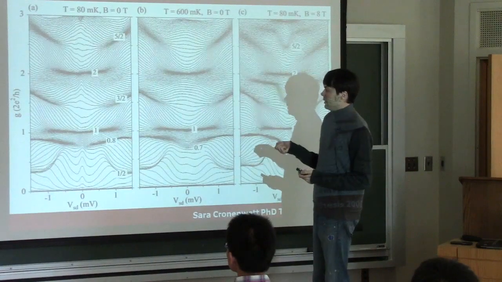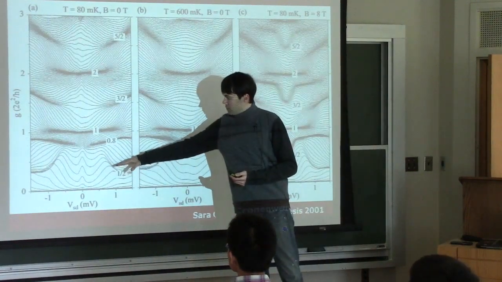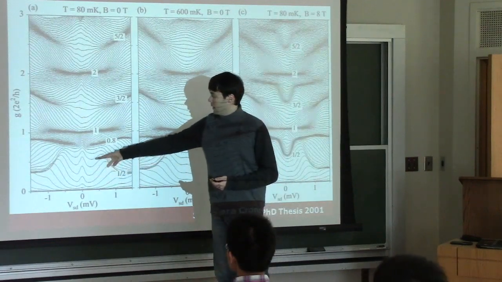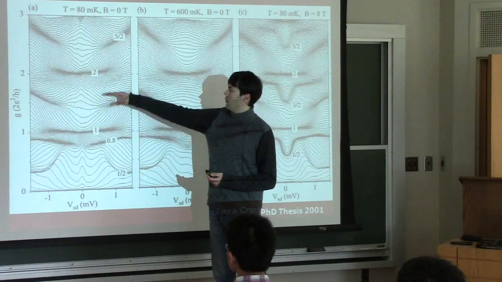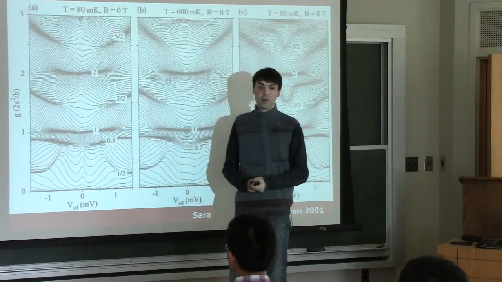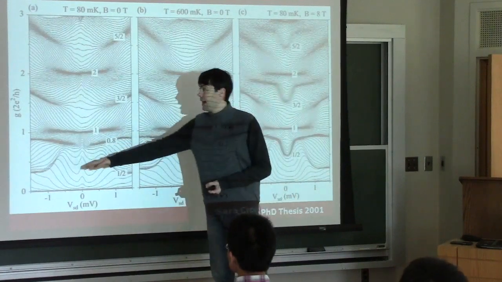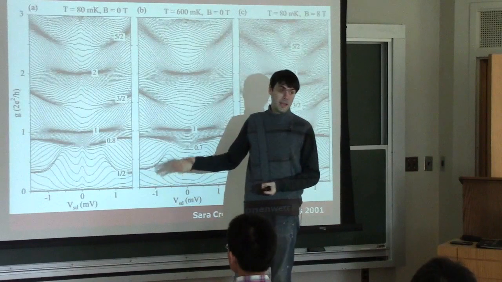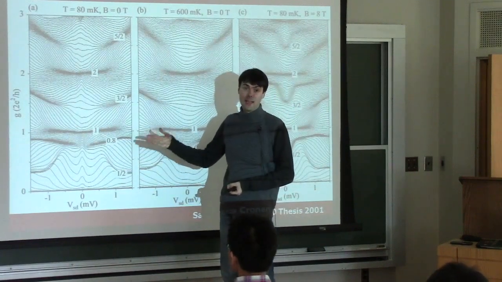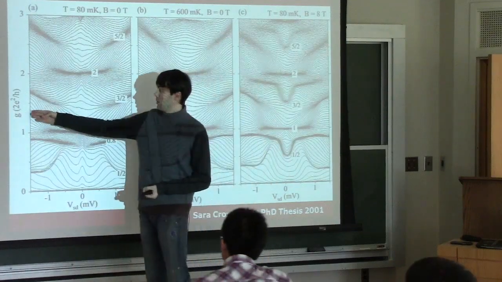So once again, what these are is sequences of current-voltage characteristics, and as we go up on this plot, what we're doing is we're making the gate voltage more and more positive, and at each gate voltage we are taking an IV curve. But then we are taking a derivative of the IV curve, such that we plot dI/dV, conductance, and that's what's plotted here.